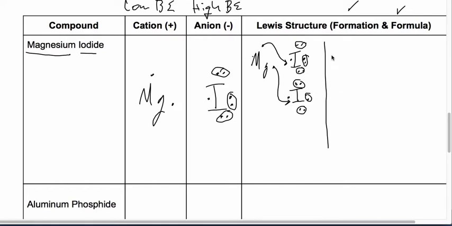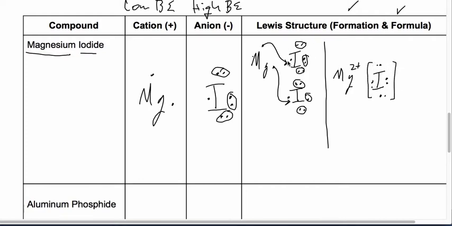And the formula now is simply going to look like this. And here's how you're going to draw it in this case. You're going to draw Mg. How many arrows are leaving? All the Mg's total. In this case, this is each Mg. We're losing 2. That'll be 2 plus. And each I owns 8. So here's how you're going to show owning 8. You're going to put it in a bracket like this.